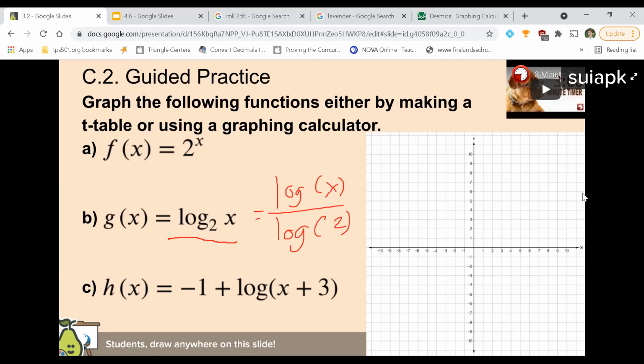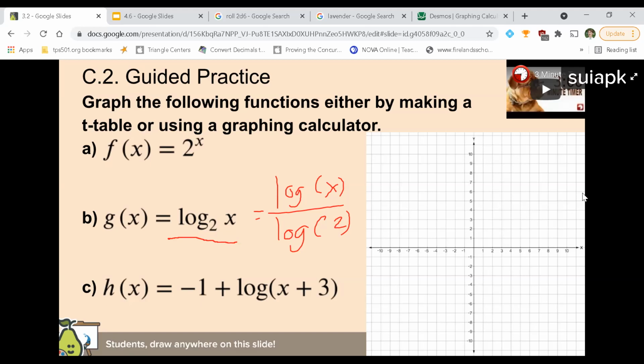Yes, and now that'll graph, and that's the table for it. It'll start off at any number bigger than 0. So yeah, it'll basically go down forever.